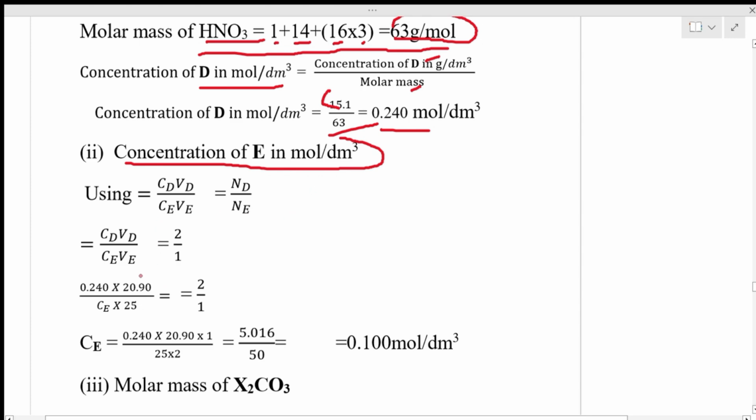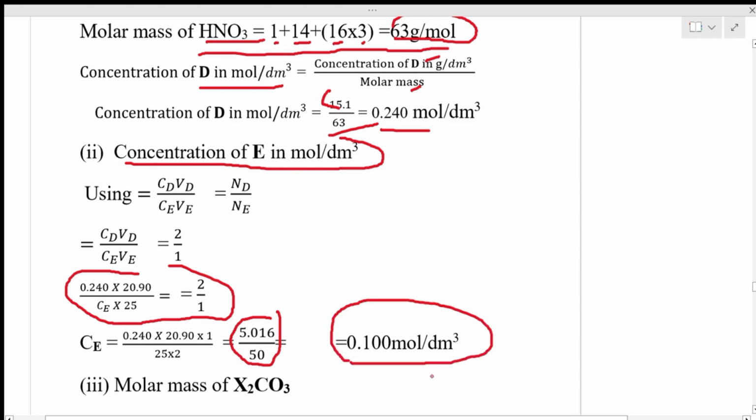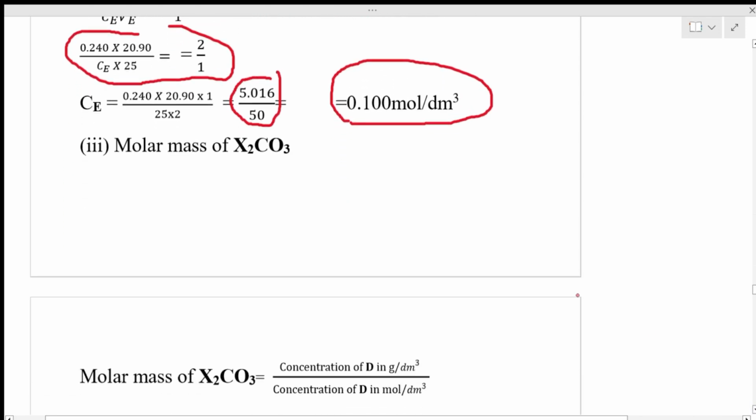Let's substitute it correctly into this formula. Pick your calculator and confirm that. Then we have our final E to be 0.100 mole per dm³.